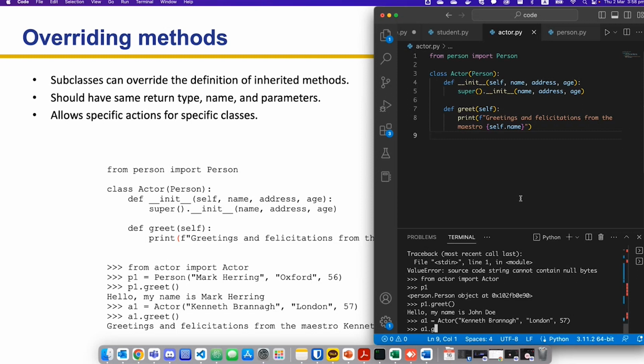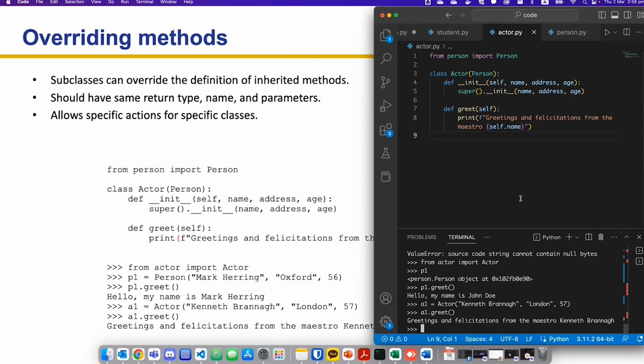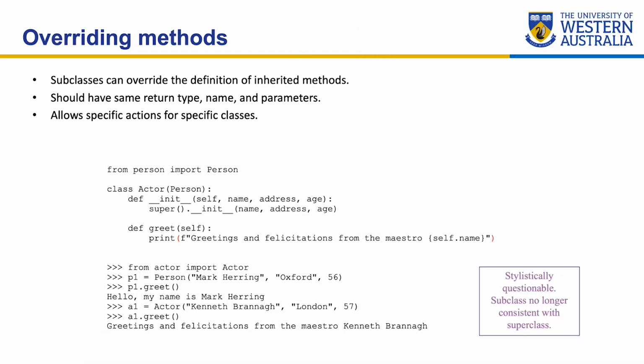So we can go A1.greet. Then it's going to say not hello, but instead greetings and felicitations from the maestro Kenneth Bernard. Anyway, so obviously this shows you that we can override existing methods that you have inherited from your superclass. Sometimes this can be useful, just like this actor who wants to greet in a different way.